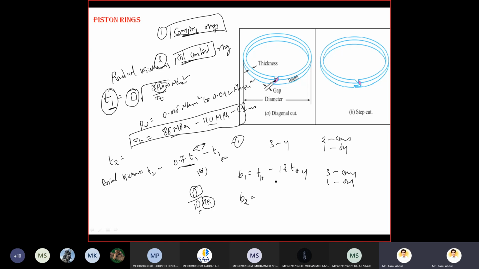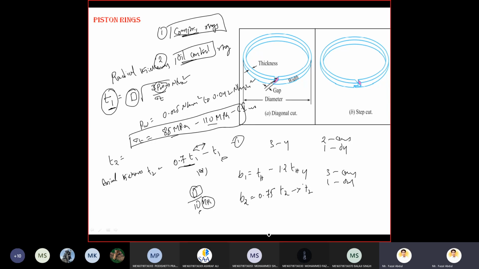The relation for B2 is in the range 0.75 T2 to T2. T2 is the axial thickness.